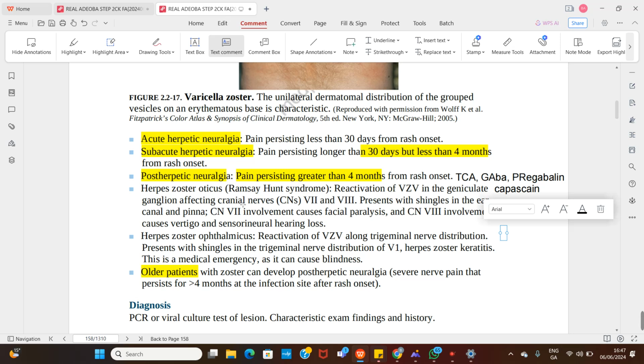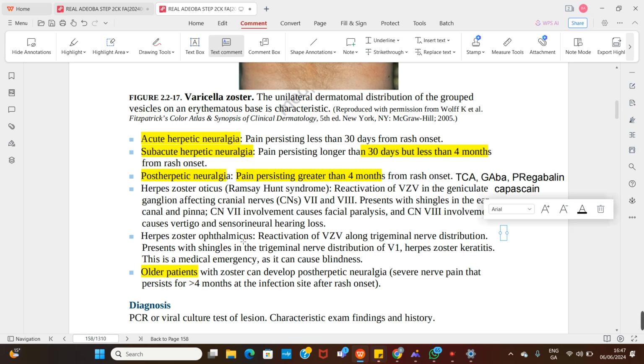You cannot close that particular eye, right? There's loss of wrinkles on that particular side. All those features are suggestive of facial nerve palsy. Then the last one is features suggestive of involvement of cranial nerve 8. The person is going to be having problems with balance, vertigo, and of course sensorineural deafness.